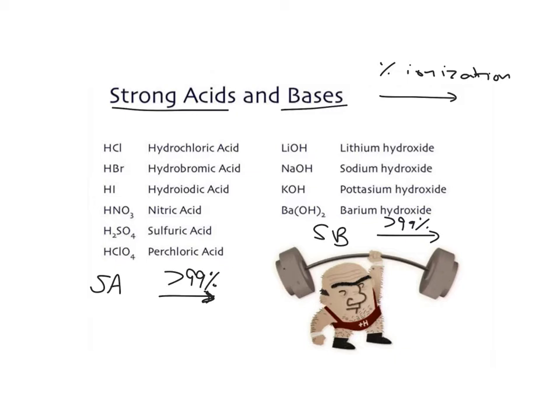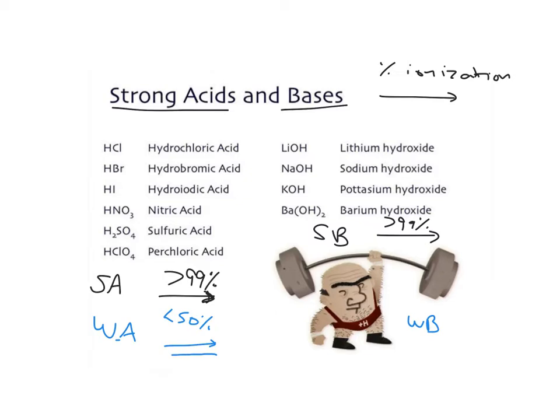Now, where we are going to shift gears in Chem 30 is talking about weak acids and weak bases. Remember, weak acids ionize less than 50%. What that means is that less than 50% of this acid goes to producing hydronium and whatever the anion is. That means more than 50% is left as reactants.